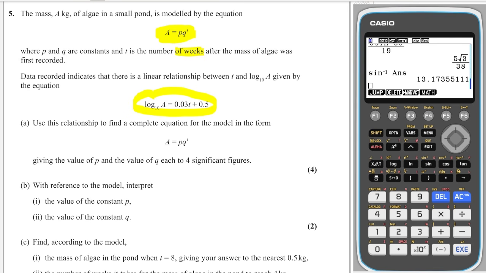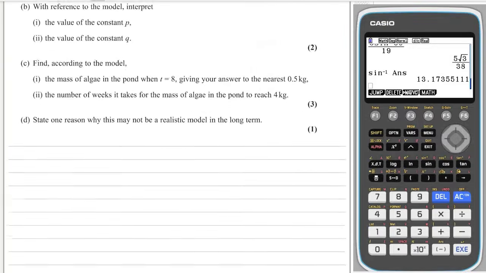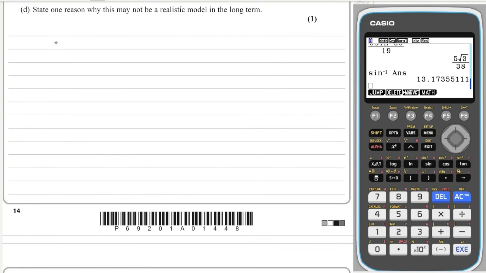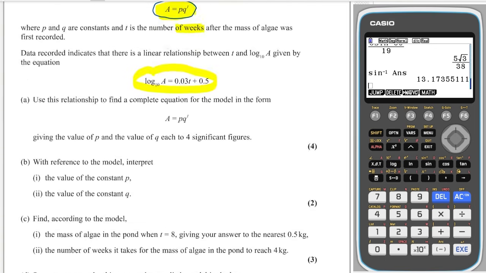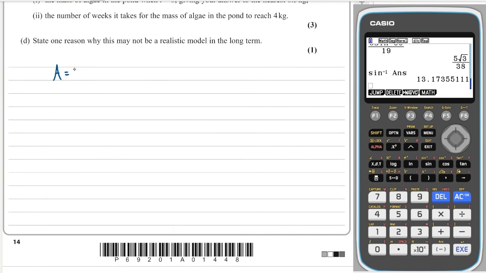Okay, so the first thing we do is we take this model and we break it down using logs. So the model was A is equal to P Q^T. We log both sides.